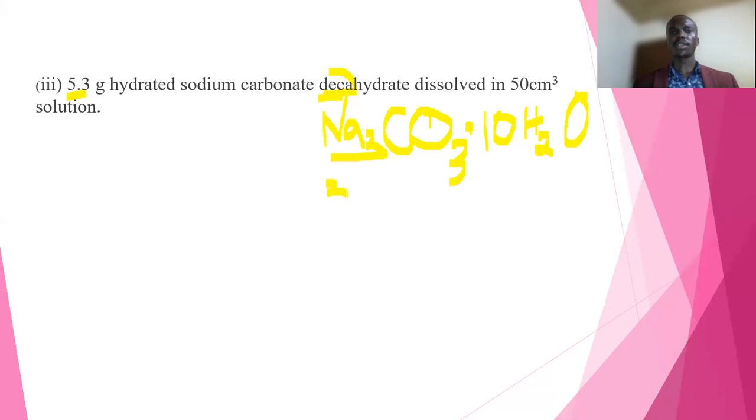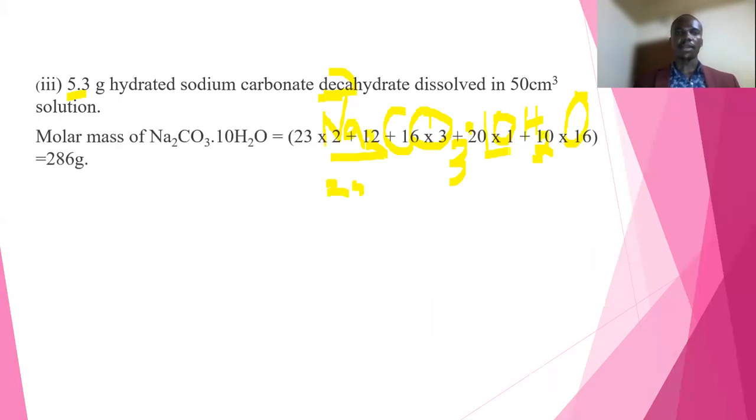Sodium is always 23. Carbon 12. Oxygen 16 times that will be 48. Then you add water: hydrogen is 1 times 2 is 2 plus 16 is 18. Then you multiply by 10. Like that.